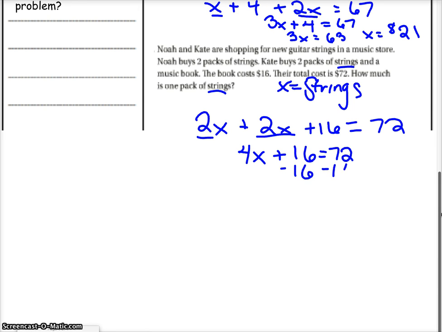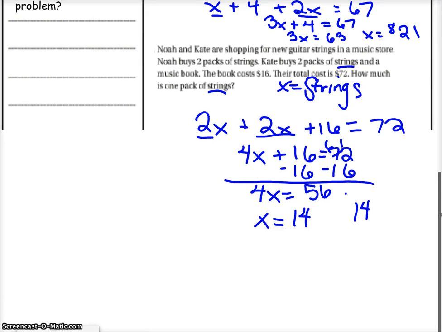Now I solve. 4x equals 56. 56 divided by 4 is 14. Remember, that means the strings are $14 a pack. Done. That's your target. Your target is fraction equations and word problems.